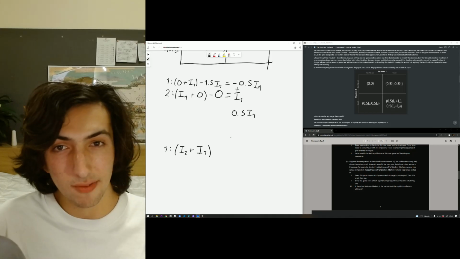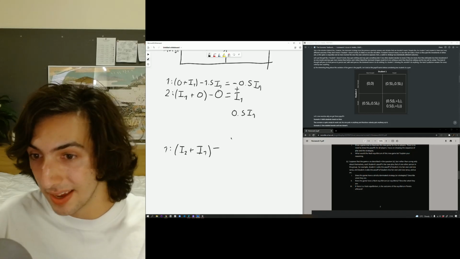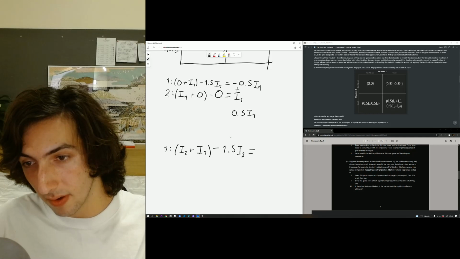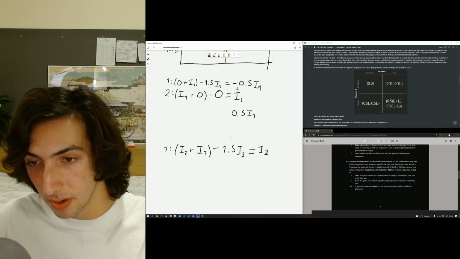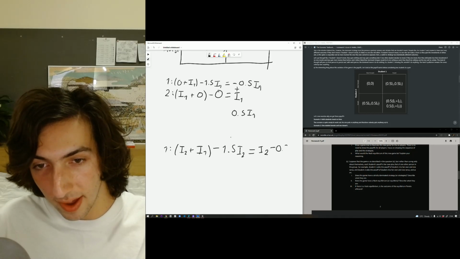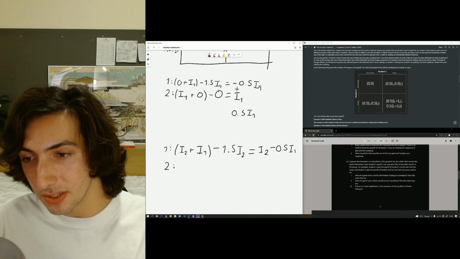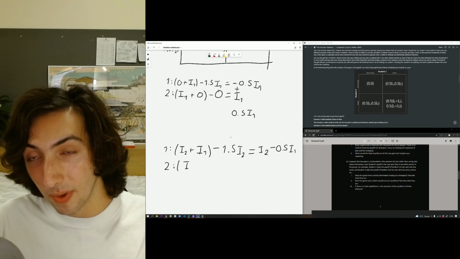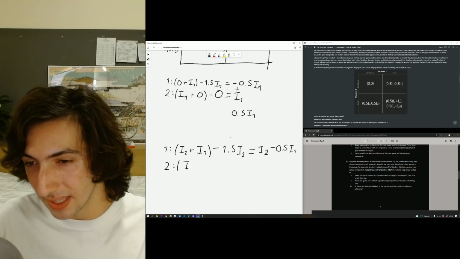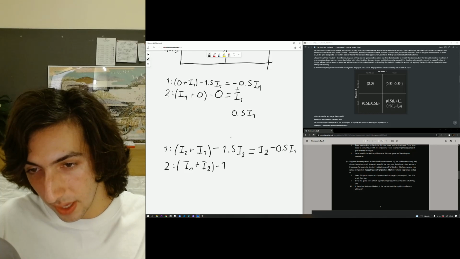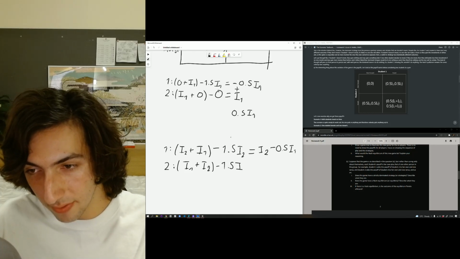That's how much everyone has invested overall. And they're going to subtract their own here. This is going to be equal to I2 minus 0.5 I1. And this will be exactly the same for number 2, given that we're essentially doing the same algebraic calculation. It's going to be the same kind of payoff.